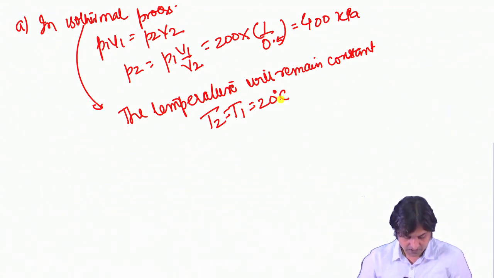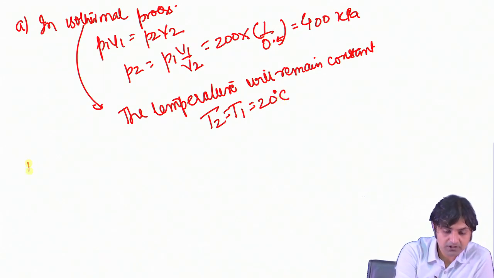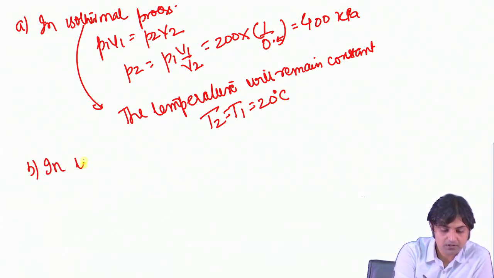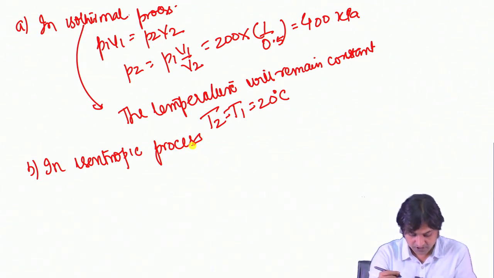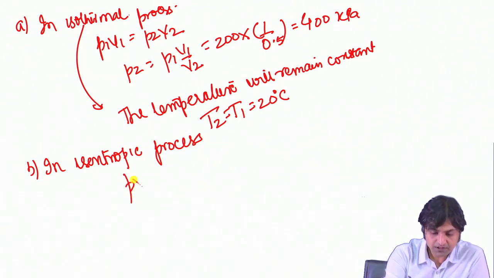The second part, in isentropic process, what happens in isentropic process? PV to the power k is constant.